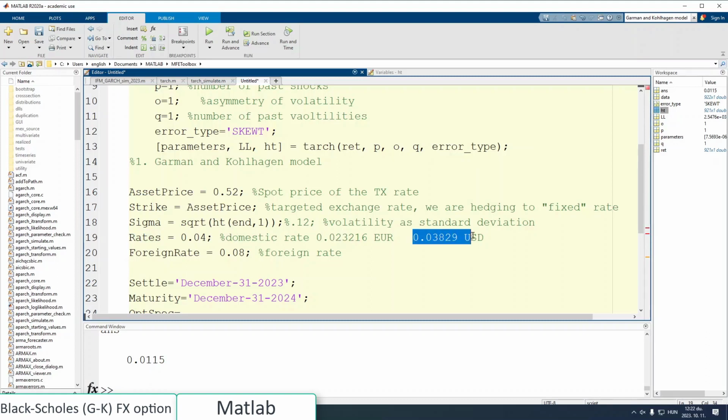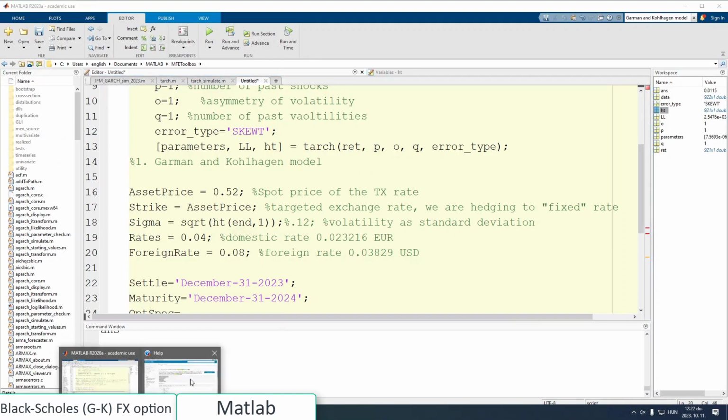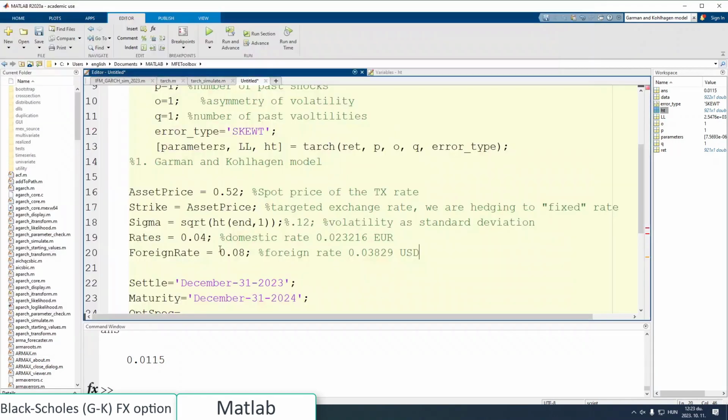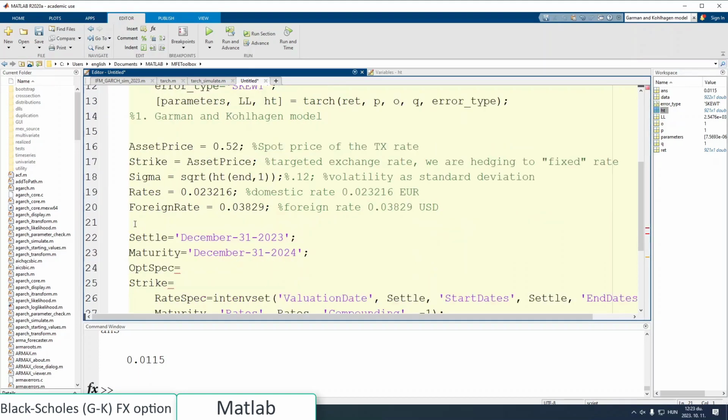Okay, next thing, which one is the domestic rate? So this is the euro, this is the US dollar, domestic and foreign rate, and do we have any description? Yep. Okay, so we should copy that here now.